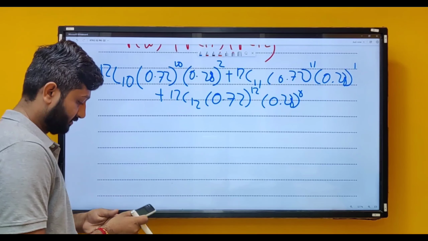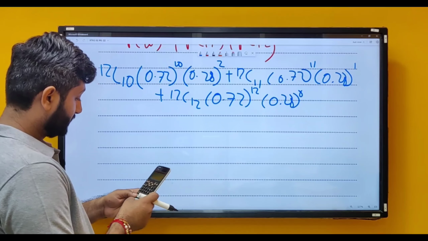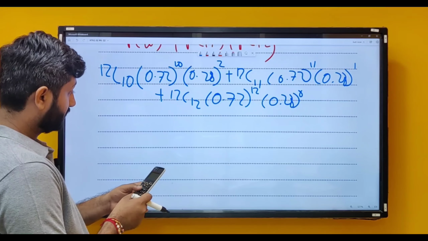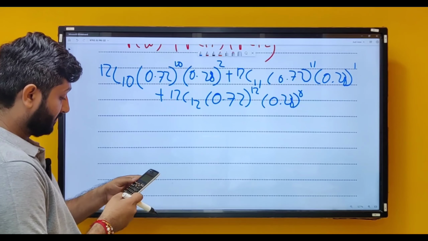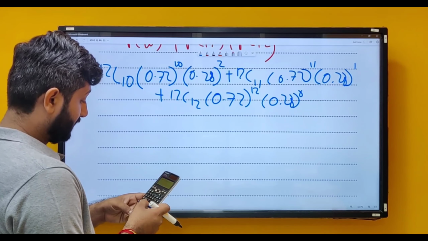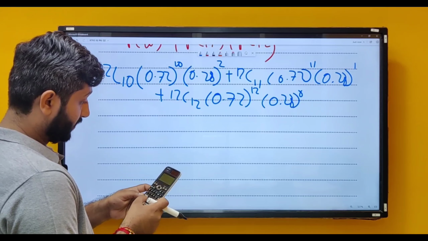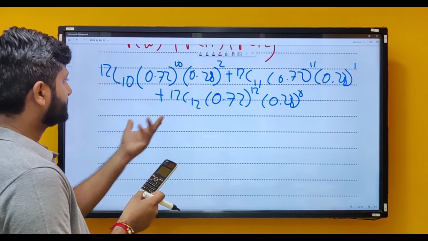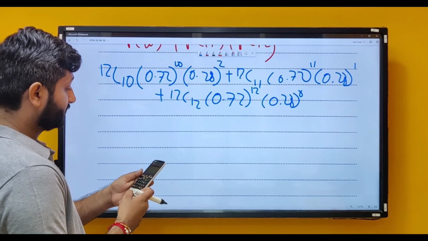So let us solve this. 12C10 into 0.72 power 10 into 0.28 power 2, plus 12C11 into 0.72 power 11 into 0.28, plus 12C12, which is 1, so 0.72 power 12 and this is power 0.